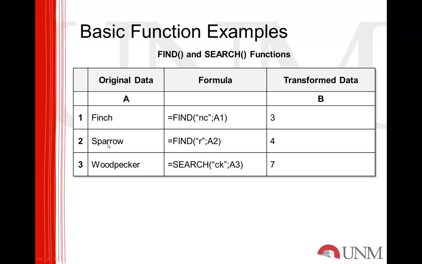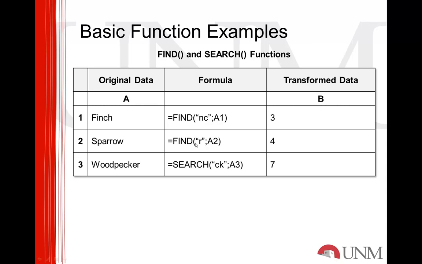One note here in example 2, you'll notice that Sparrow has 2 R's. We're asking the find function to find R in this cell, and you'll notice that it only reports the location of the first R as being 4 characters in from the left in the word sparrow.